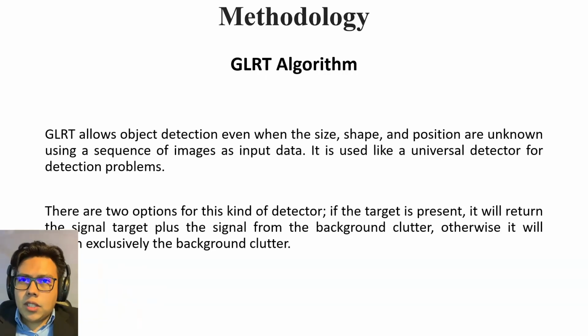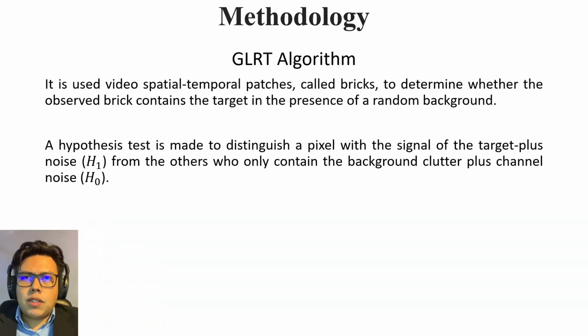If the target is present, there will be a return of the target signal plus the signal from the background. Otherwise, it will return exclusively the background clutter. It uses video spatial-temporal patches, called bricks, to determine whether the observed brick contains the target in the presence of the random background.